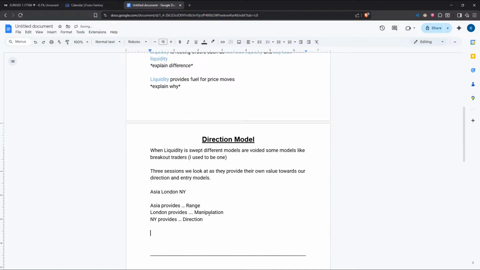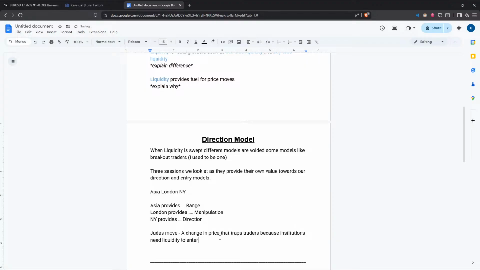So a Judas move is a move, a change in price, that traps traders because institutions need liquidity to enter. This is like a basic definition.